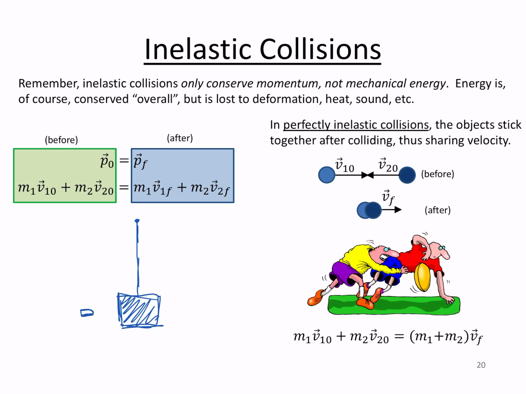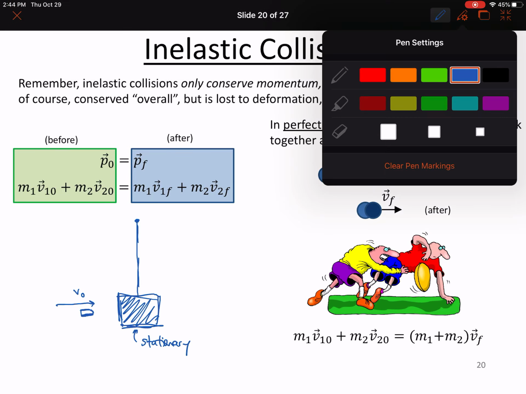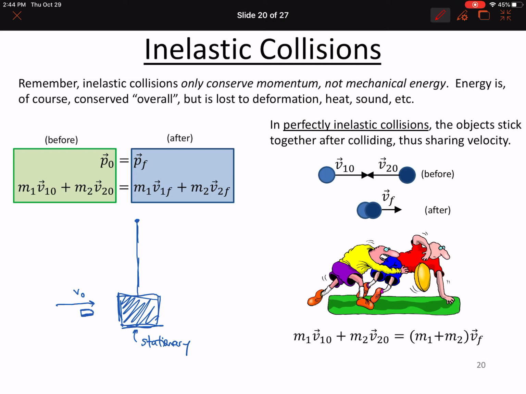So the before picture looks like this, with this thing coming in with quite a large amount of initial velocity, and this thing hanging stationary like that. And then at some later time, these two things collide and stick together so that the bullet, or whatever projectile, is embedded within this thing, and they move with some common velocity. Let's call it v final or something like that.